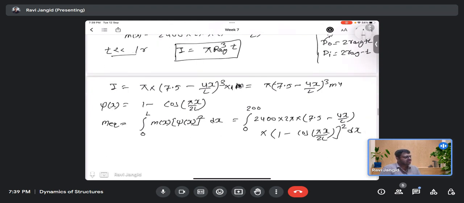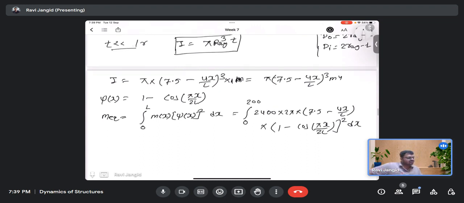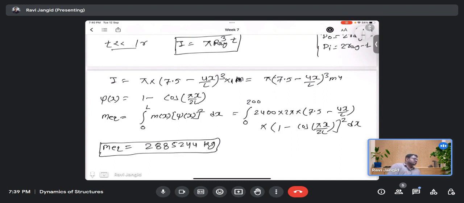So put L equal to 200 in this equation, or first you can do the integral and then put L equal to 200. If you do that, you will find M equivalent is equal to 288,524 kilogram. Any doubt up to this point?